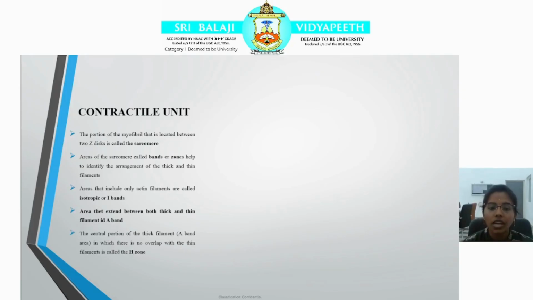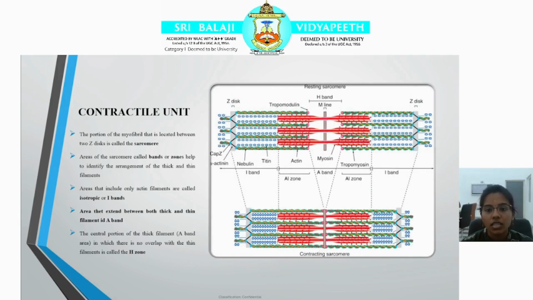The area where only the thin filament actin is present is called the isotropic band or I band, and the area where the thick filament myosin is present is called the A band or anisotropic band. Another area, the M line, represents only myosin, at the center of the sarcomere. And the H zone is the central portion of the thick filament where there is no overlap between thin and thick filaments.